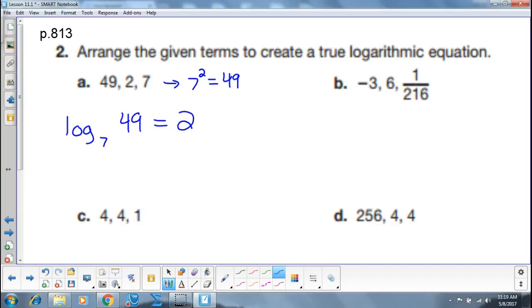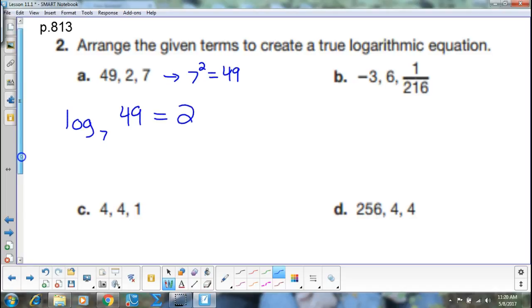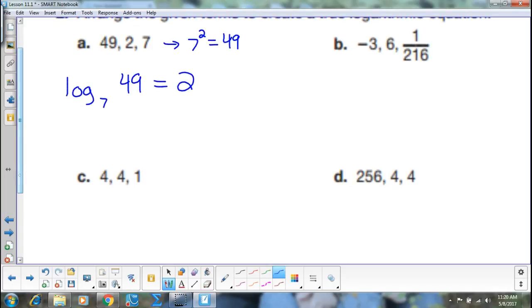Your job now is to do B, C, and D. Give me one of the three. B, C, or D? Which one you doing? C. C? Okay. Log base 4 of 4 equals 1. I would agree with log base 4 of 4 equals 1. KG, was that the one that you were going to do too? Okay.